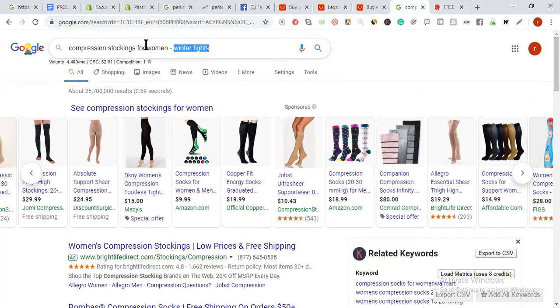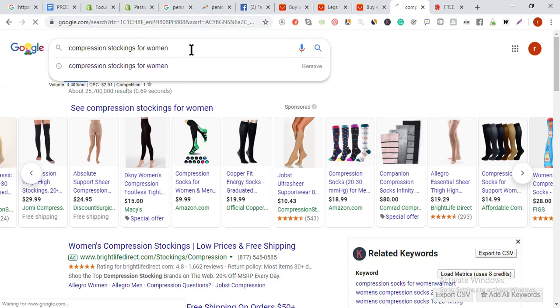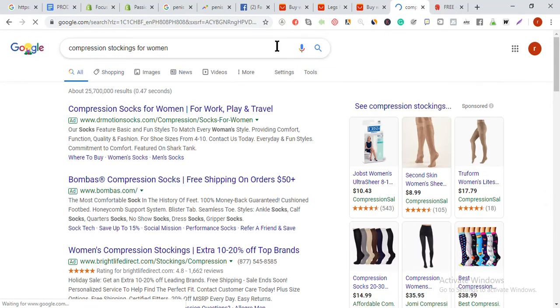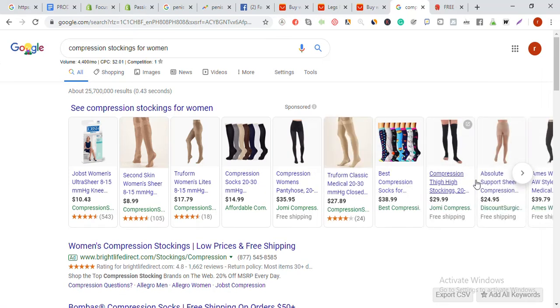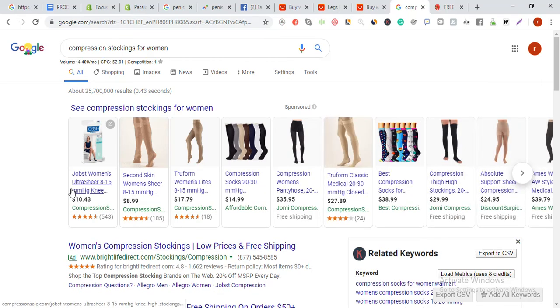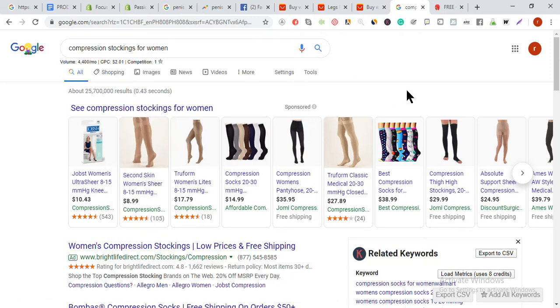And let's just check out our competitors at the moment. Let's just remove this one for now. Compression stockings for women. Okay, so they are selling it. Well, we cannot compete with this one, and that's not the same anyway, right?